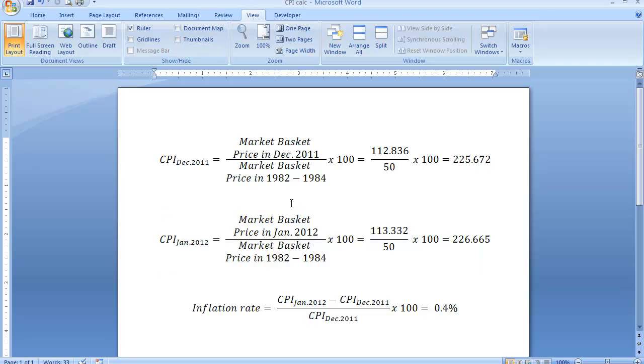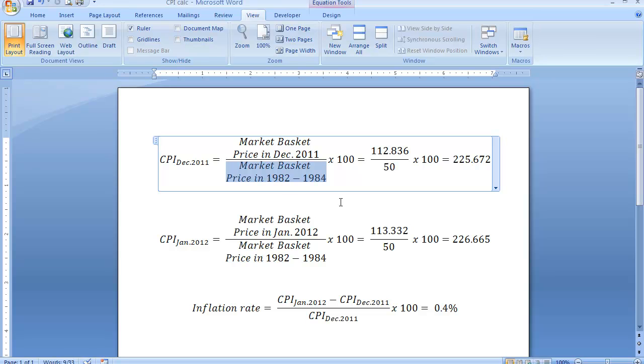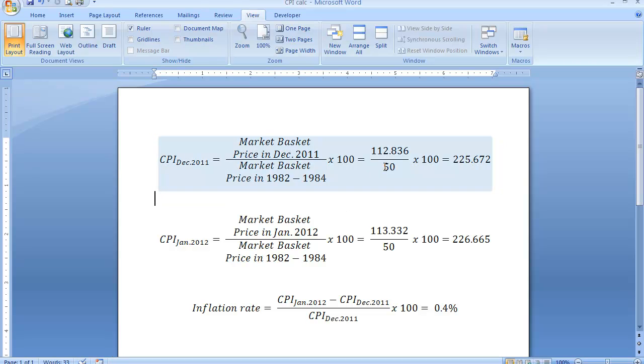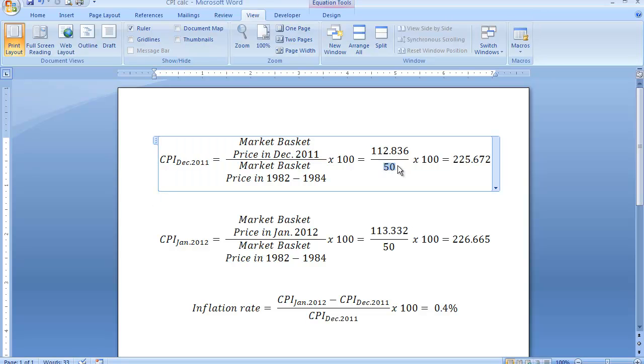Okay, so let's first look at December 2011, which is right here. This is our first calculation. Again, our market basket price in 1982 to 1984 will not change. That will stay consistent. Let's say it was 50. 50 may not have been the actual number, but it doesn't necessarily matter as long as we keep it the same. Let's call it 50.